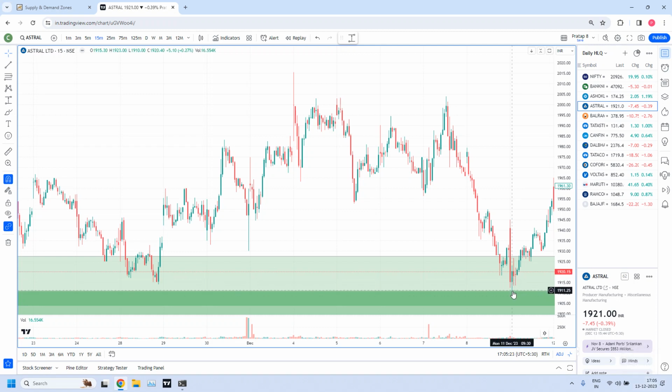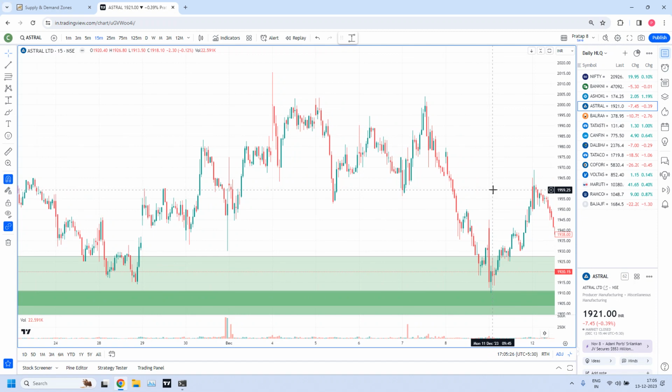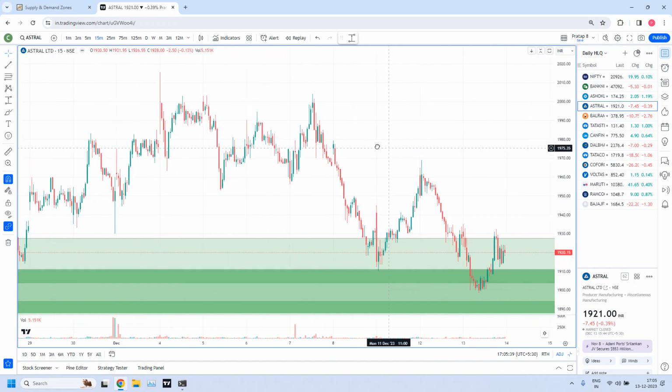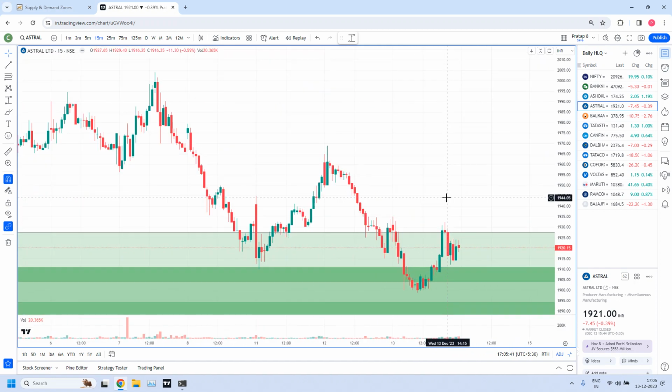So Monday it reached this zone and it gave a very good profit. Excellent profit it has given. And after that, today, again prices entered into this zone. In just one 15 minutes candle, this entire zone is gone.